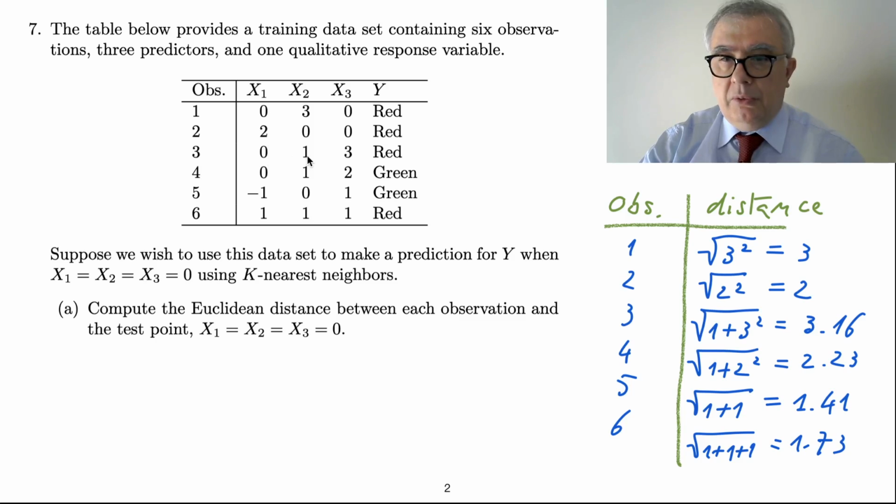Here the square root of 1 plus 3 squared, this is 3.16. Here the square root of 1 plus 2 squared, 2.23. The square root of 1 plus 1, so the square root of 2, 1.41. And finally the square root of 1 plus 1 plus 1, the square root of 3, and this is 1.73. So this is easily done.